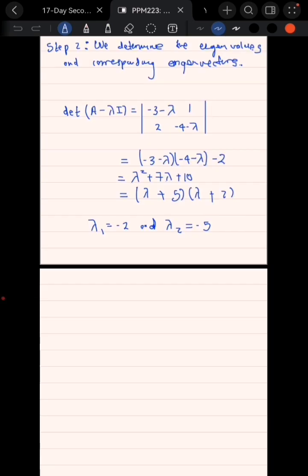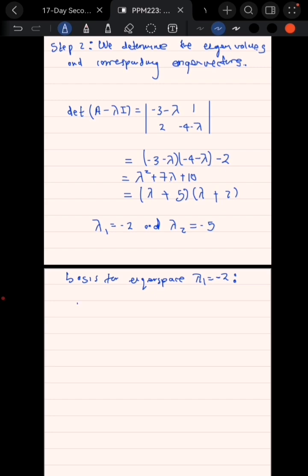So we determine the corresponding eigenvectors to lambda 1. The basis for the eigenspace with lambda 1 equal to -2: we take lambda -2 and substitute it into the characteristic equation. Where there is lambda, we substitute -2.